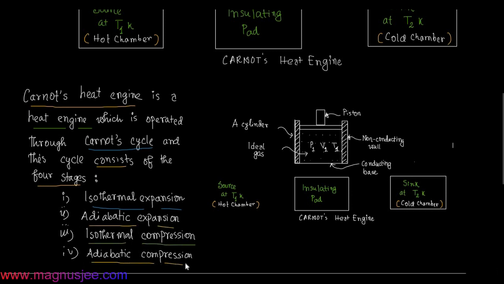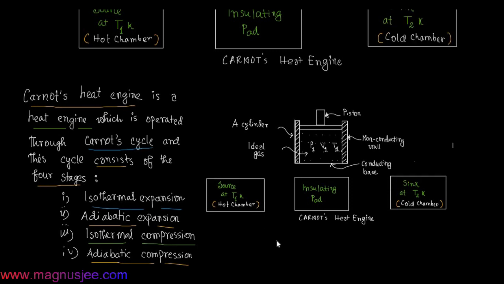Number 3, isothermal compression. And number 4, the gas returns to its initial state through adiabatic compression, and the Carnot cycle is completed. So a Carnot heat engine is a heat engine operated through the Carnot cycle, and this cycle consists of these 4 stages to complete one cycle or to return to the initial state of the gas.